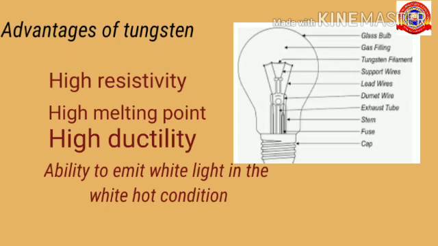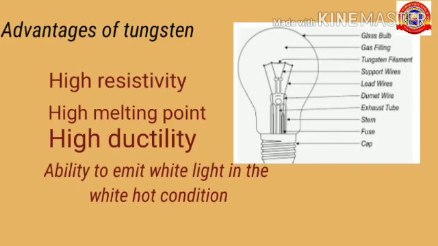Okay. We know nichrome is also a filament, but nichrome is not used as filament in incandescent lamps. Do you know what is the reason? The reason is that nichrome can remain in red hot condition for a long time, but it cannot produce white light when it is hot. This is the reason nichrome is not used as filament in incandescent lamps.